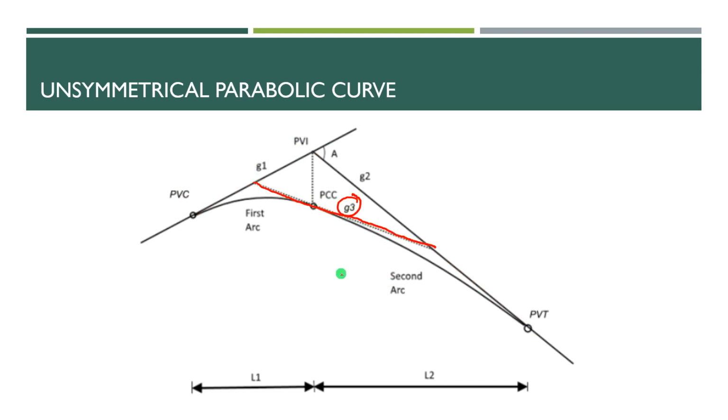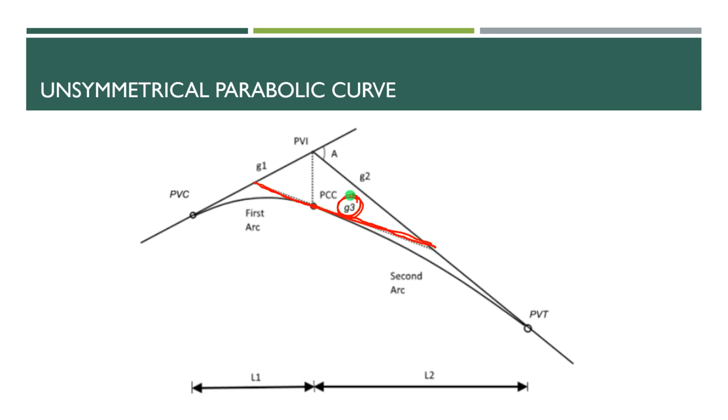Okay, so it means that if this is the point of compound vertical curve, or the point where the two curves meet, the tangent at that point is the same on the first curve and the second curve.